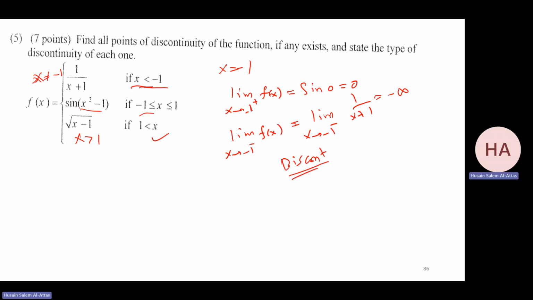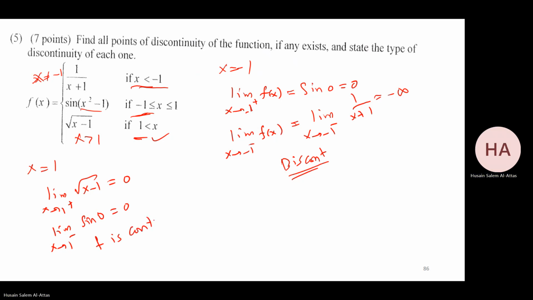Okay. And now for x equal 1, check the limit as x goes to 1 from right. That will be 0. 1 from left, I am here. That will be sine of 0, which is 0. So f is continuous at x equal 1.